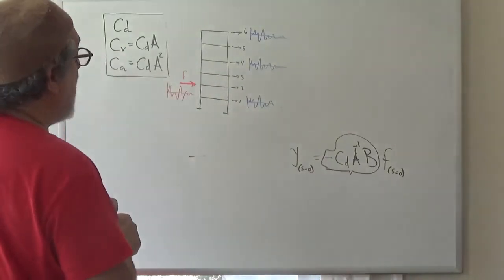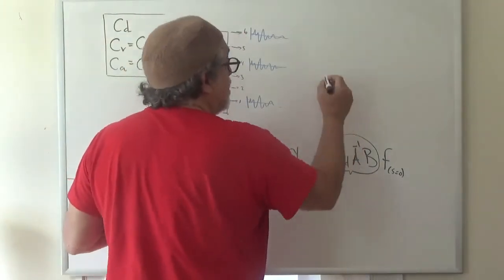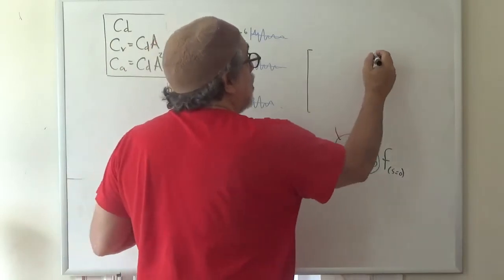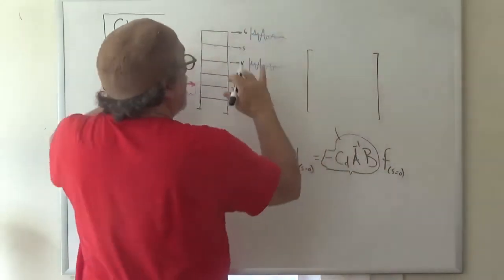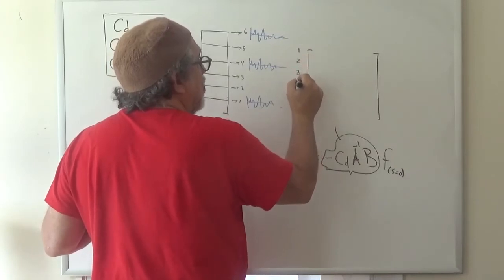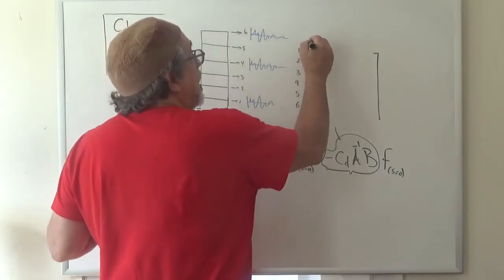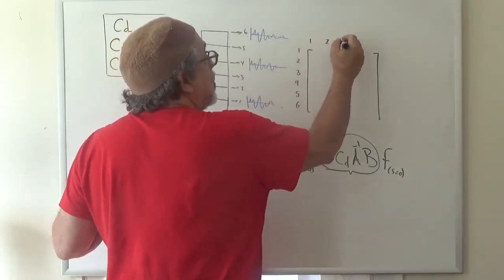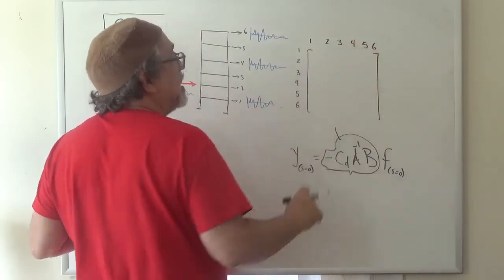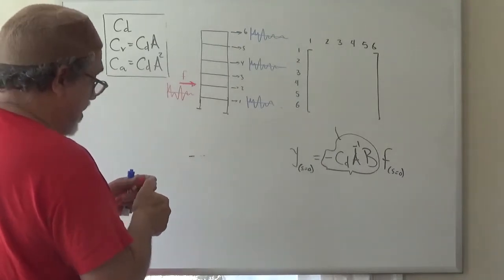Okay, then if we look at this matrix, first, the flexibility matrix of the complete structure would be 6 by 6, right? So it's 1, 2, 3, 4, 5, and 6 coming out, and going in 1, 2, 3, 4, 5, and 6, right? That is the whole possible thing.